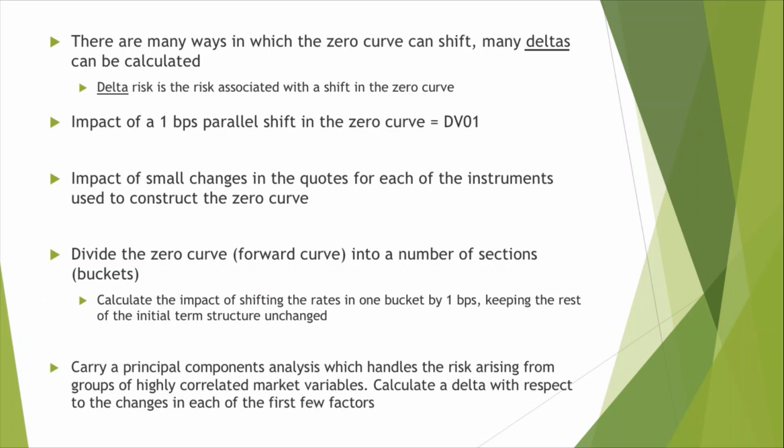And the final one is to carry out a principal component analysis, which is seen in section 21, which handles the risk arising from groups of highly correlated market variables. Then you calculate a delta with respect to the changes in each of the first few factors. Normally, the principal component analysis gives you around 10 factors, so you just concentrate on the first 2 or 3.